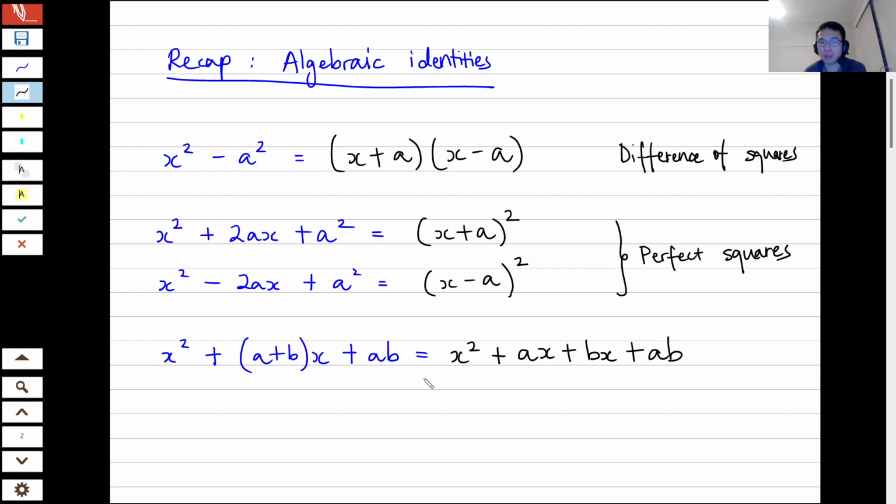And what I'm noticing is the first two terms have a common factor of x, and the second two terms have a common factor of b. And then what I'm noticing is both of these terms have a common factor of x plus a. So I can use the technique of factorizing by grouping to rewrite this as x plus a times x plus b.